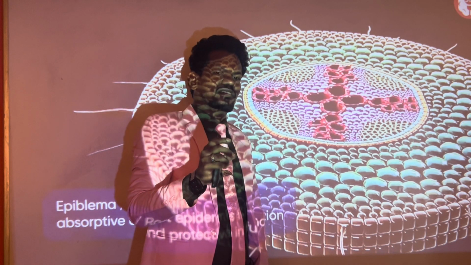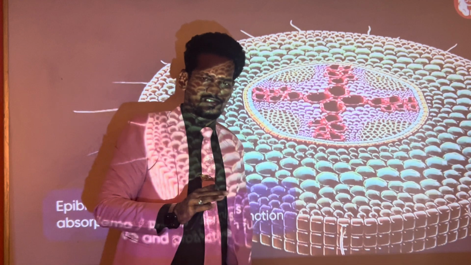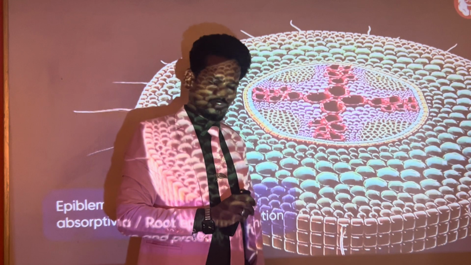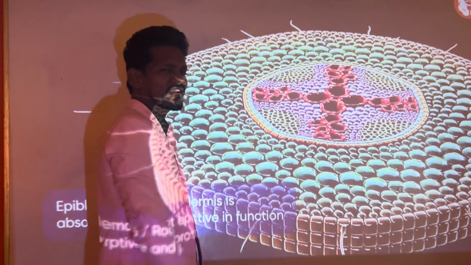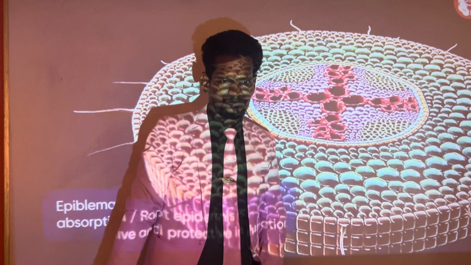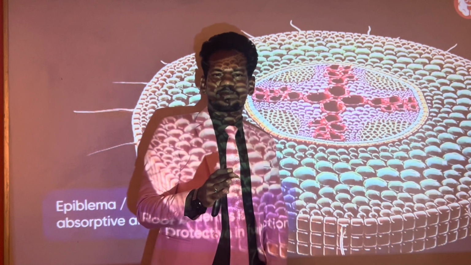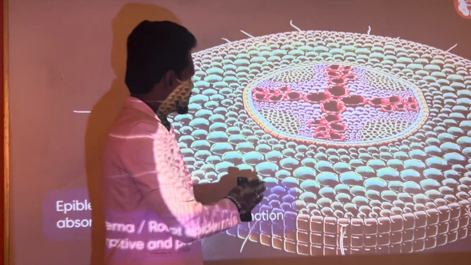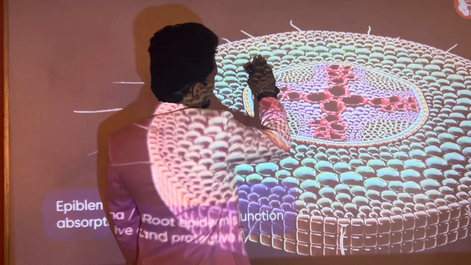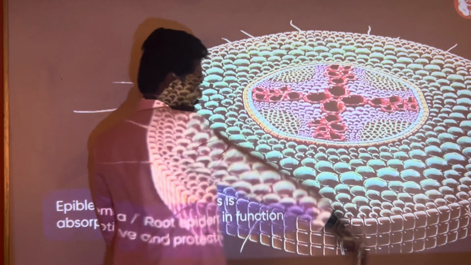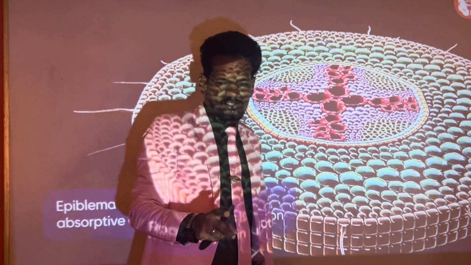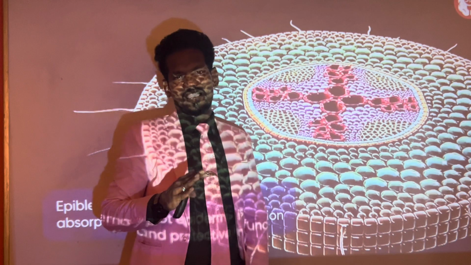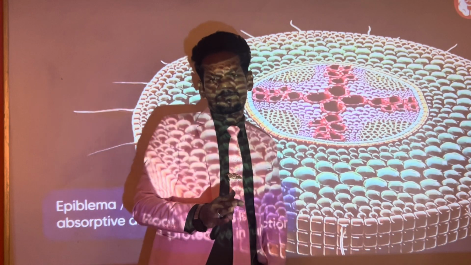These cells, present just below the epidermis, are known as exodermis or hypodermis. The main function of this exodermis or hypodermis, made by suberin, is to prevent the loss of water from the cortex outward. It is the same as valves. What is the main function of valves in the human heart? Preventing backflow, right? Same.